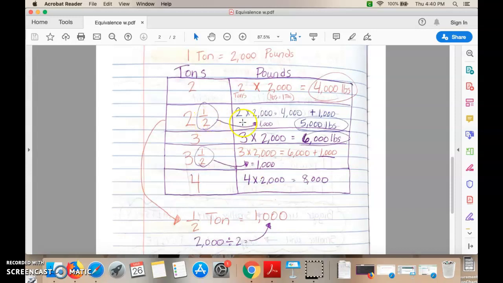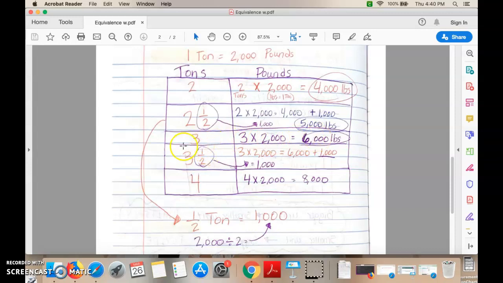So if I come back up to my chart and I want to know what 2.5 tons is, 2 times 2,000 is 4,000, and then I can add 1,000 for my half ton. So 2.5 tons is the same thing as 5,000 pounds. 3 tons, I'm just going to take 3 times 2,000 and get 6,000 pounds.